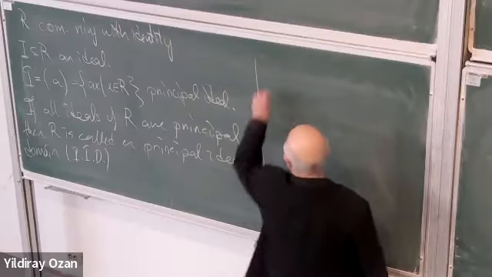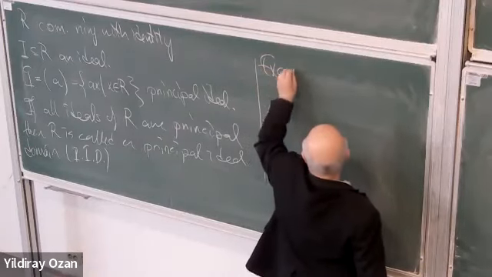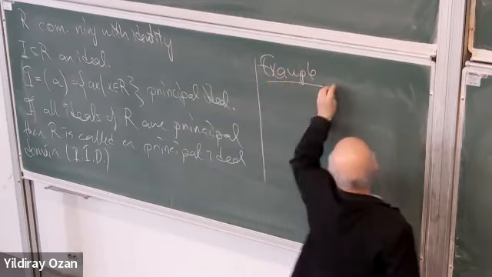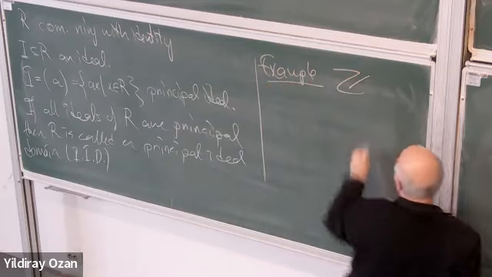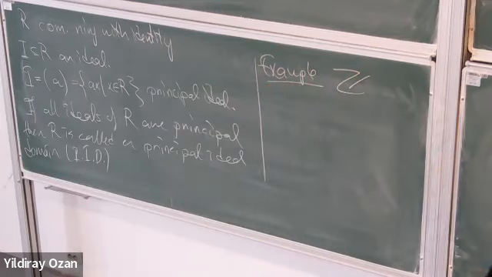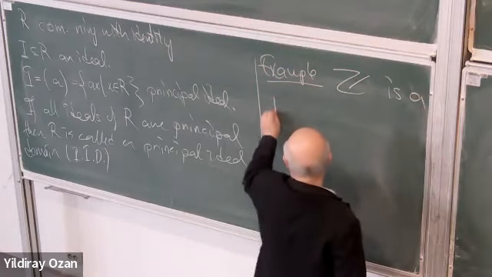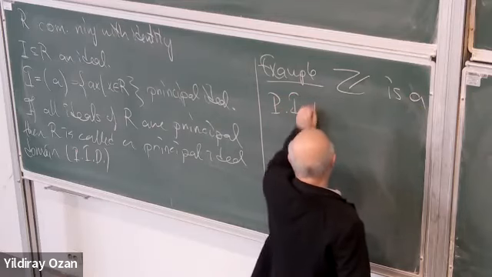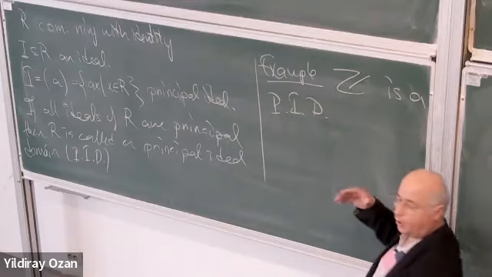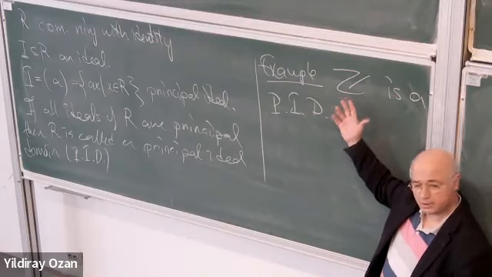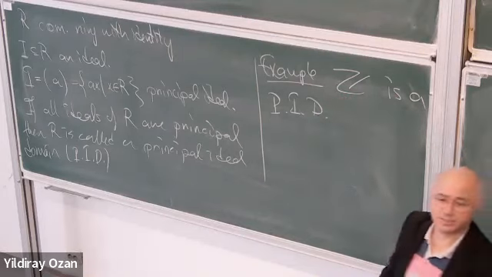And last time we have seen that the set of integers as a commutative ring is a PID. Every ideal of Z is generated by a single element.